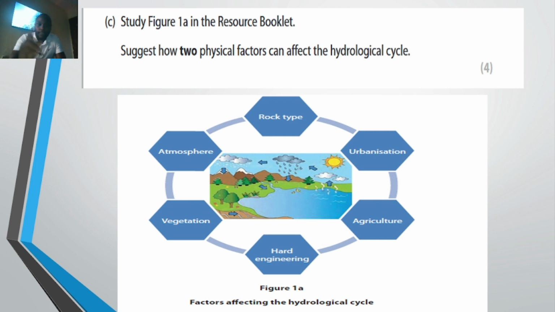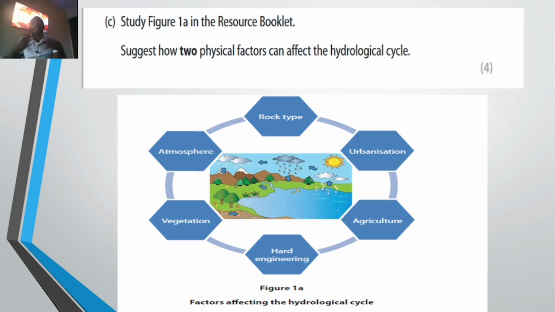That's what is in the resource booklet. We have the rock type. How do you think it affects the hydrological cycle? Urbanization, we've talked about that earlier. How do you think it affects the hydrological cycle? Then agriculture, how does it affect the hydrological cycle? Hard engineering, vegetation, atmosphere.